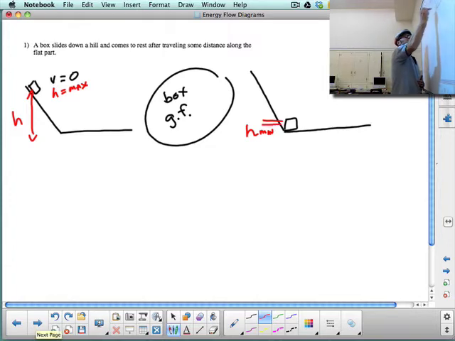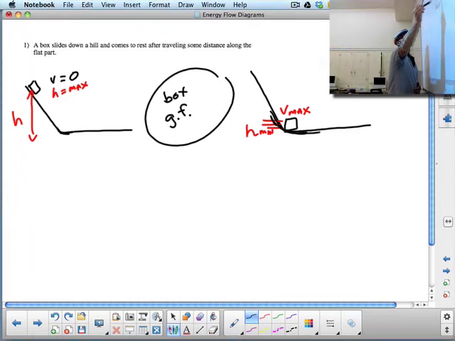Okay, so would you folks agree that V is max? Everybody good? No, I'm saying that the velocity, let's say this is a smoother curve here, so it doesn't just clunk, like a roller coaster or something. You guys good? Okay, so this is at maximum velocity.